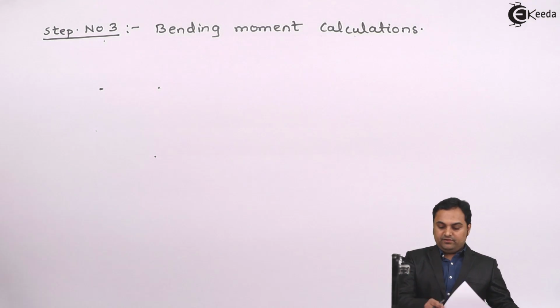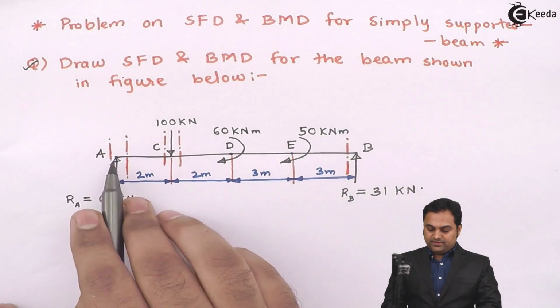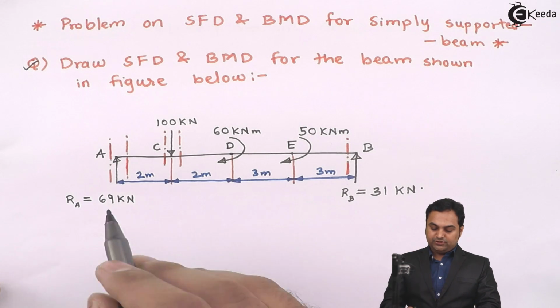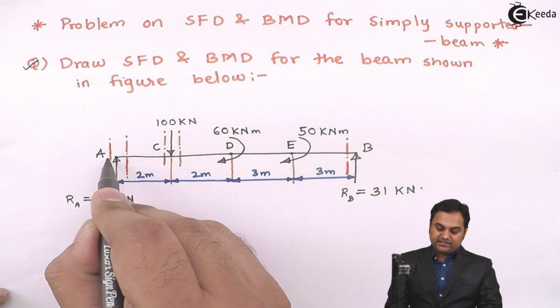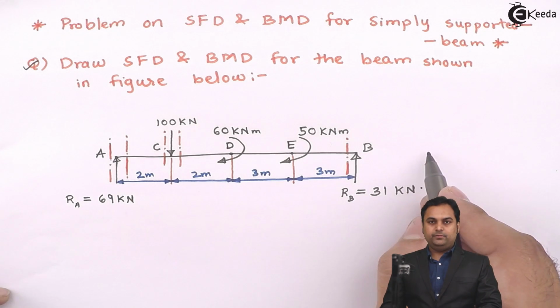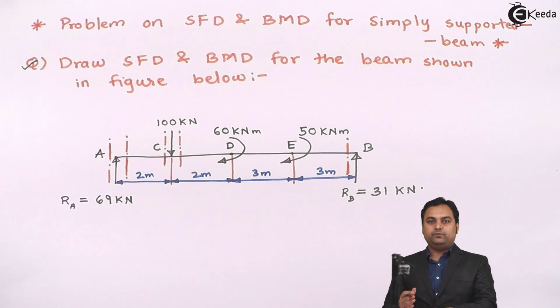Now, see, whenever we have a simply supported beam, then at the supports, that is at point A and point B, the moment will be 0 because there is no part of the beam which is extended beyond A or no part of the beam which is extended beyond B. So the bending moment at A and B will be 0 and we have to start with that.